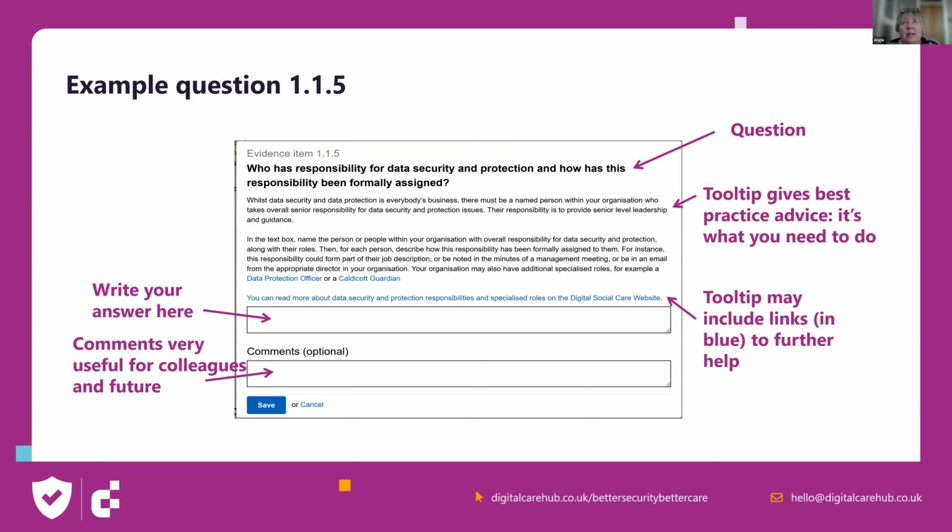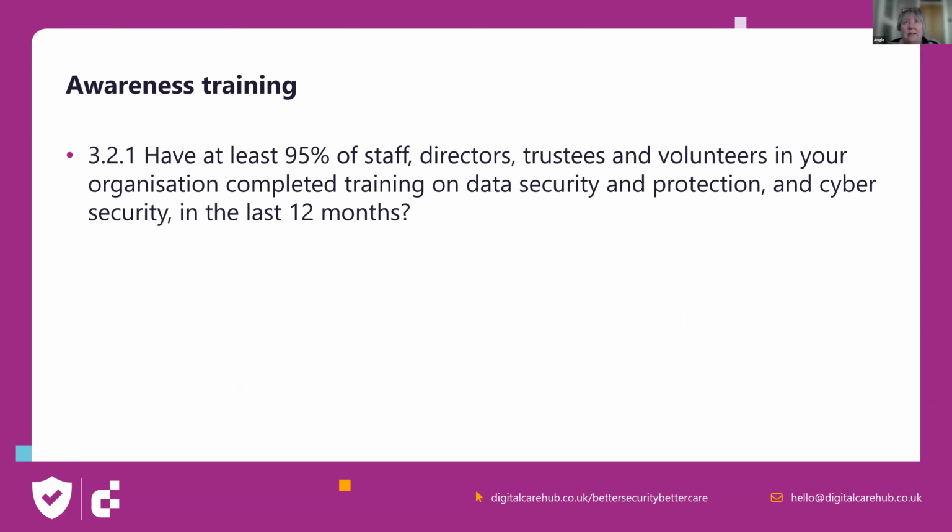And then you must write your answer in this box here, and then you can add further comments that may be useful for colleagues in the future. Okay, but this is one where, when you write in the comments box, it doesn't count towards your answer, so you must make sure you fill in the answer there first and then complete the comments box, and then you can press save and it will be saved and completed.